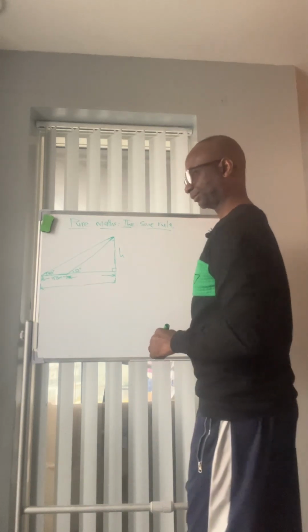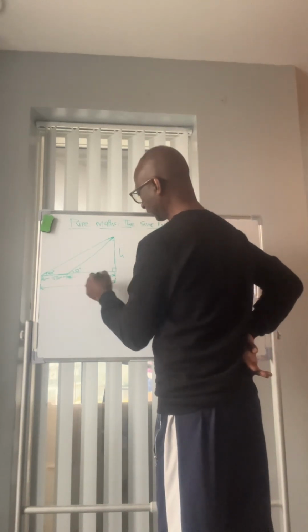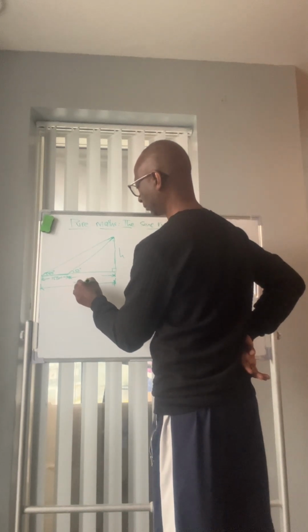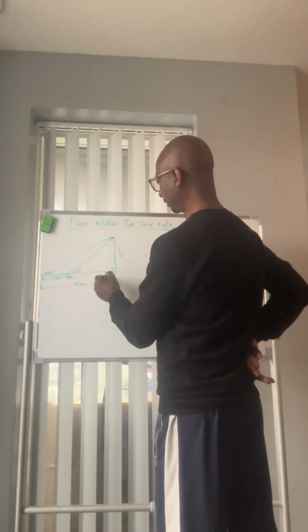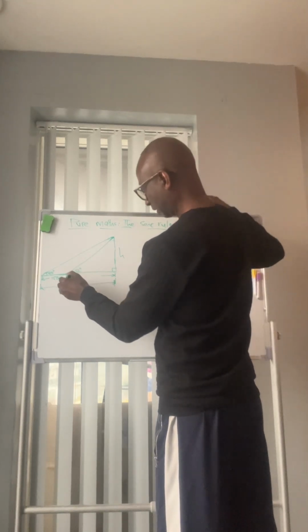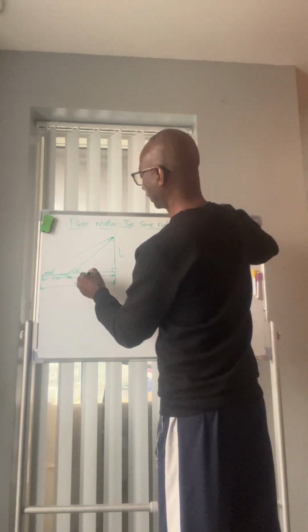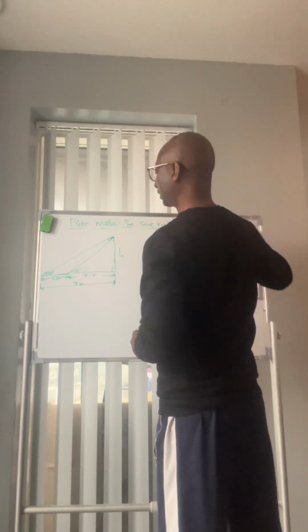So if we say the whole of this distance for this bigger triangle is x centimeters, what would then be this smaller triangle here? I have 15 here. If this whole thing is x, this will be x minus 15 centimeters.